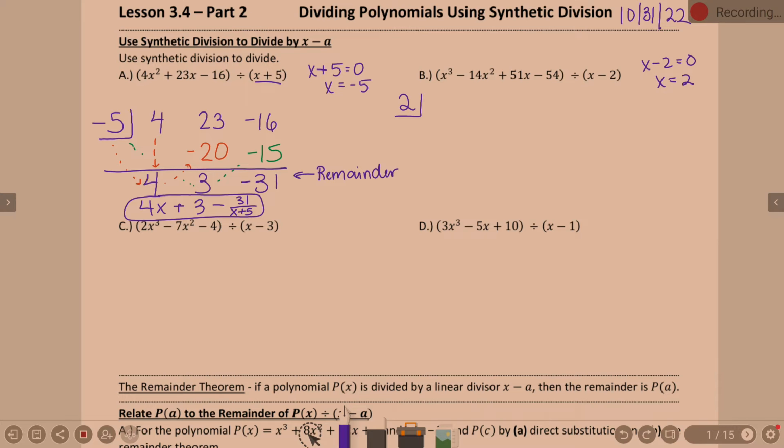What's the first coefficient that goes beside it? In front of x cubed is a 1. Then I'm going to have negative 14, 51, and negative 54. Leave room for a row of numbers, right? And then put a line.